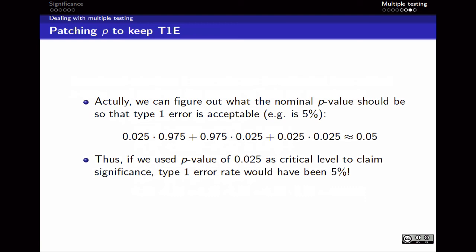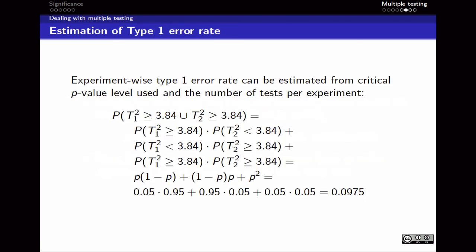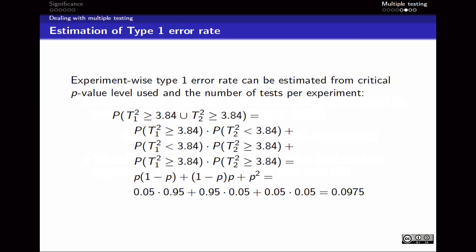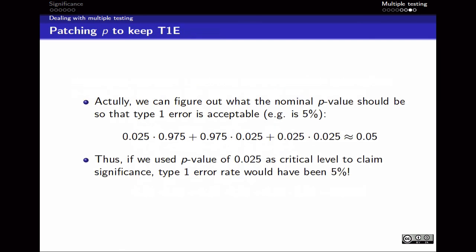If we look at these formulas, it's relatively easy to modify the critical threshold, and consequently the critical p-value, so that the type 1 error is not 10% like here, but 5%. And it appears that if for this experiment with two independent tests we use 2.5% as the critical p-value at which we reject a null hypothesis, this would correspond to a type 1 error of 5%.